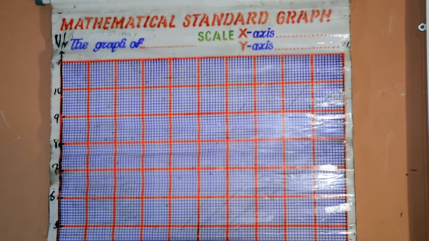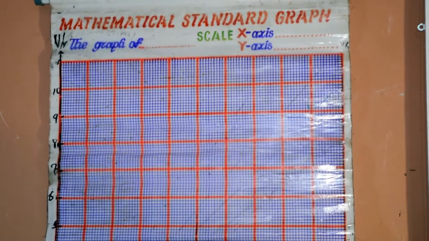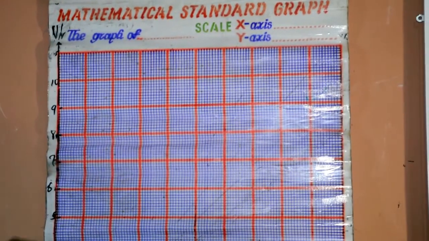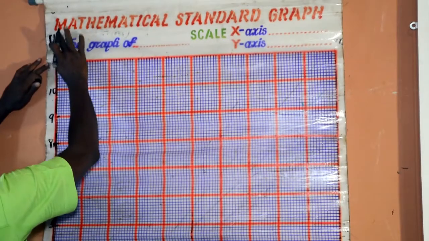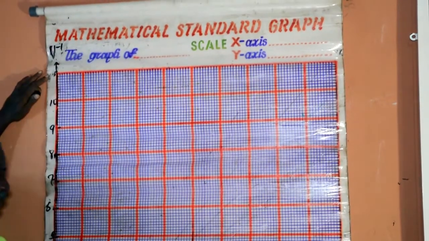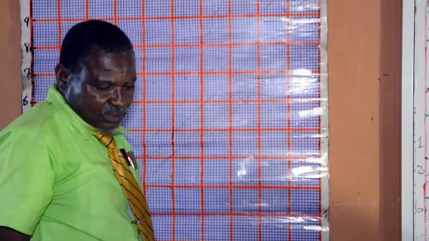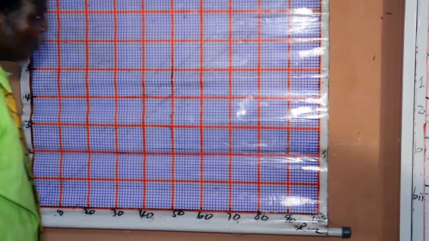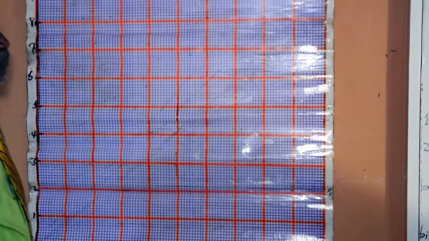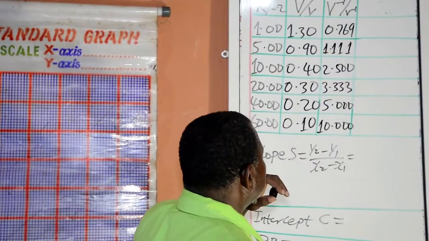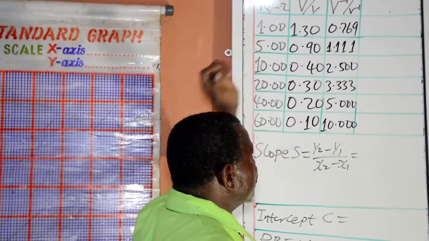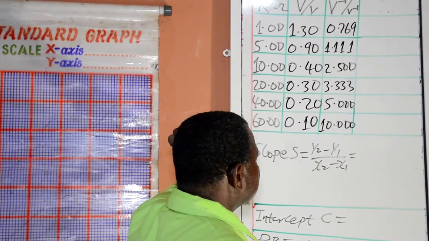We are going to plot the graph now. We are directed to plot V inverse against resistance. The maximum value of V inverse is 10. The minimum value is 0.77.